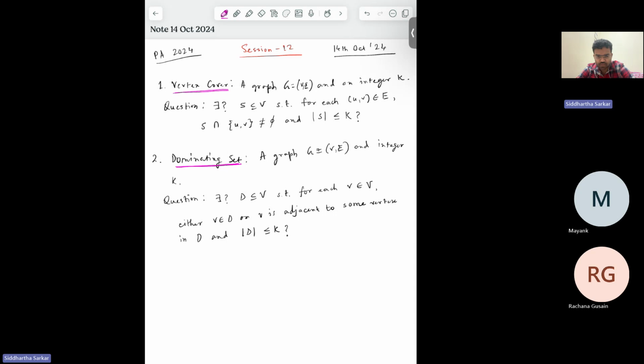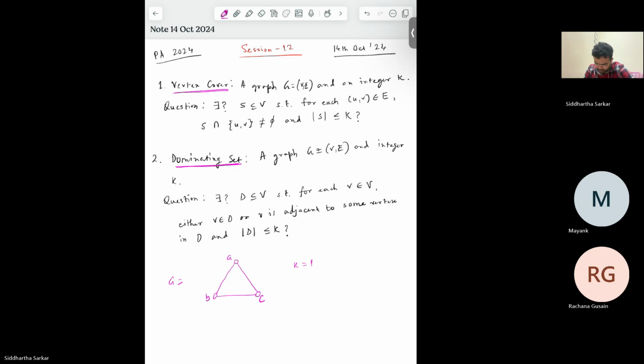Or are these two things different? Let us take an example. Let us say this is our graph, and let us say these vertices are named A, B, and C. And let us say that K equals 1.